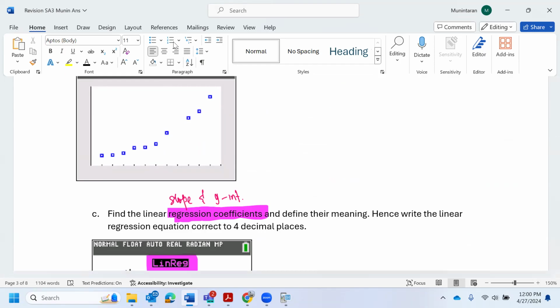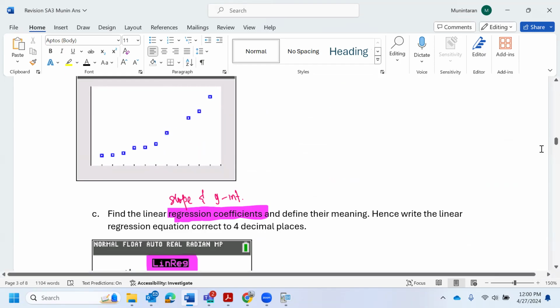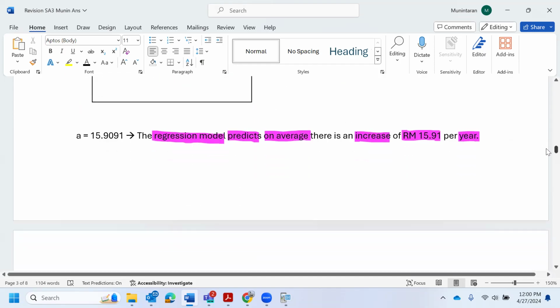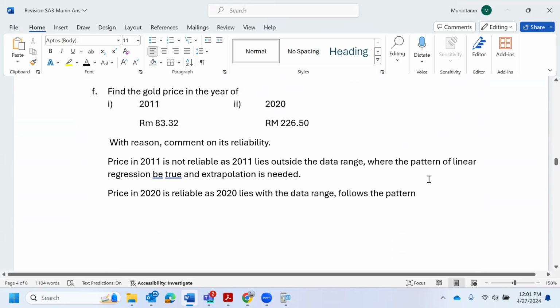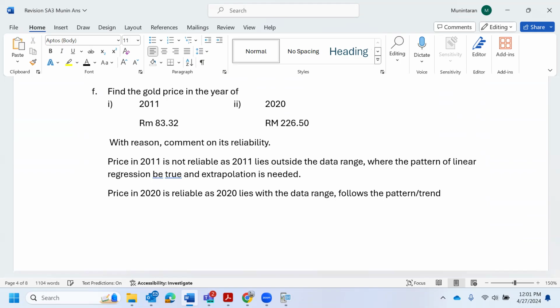There's no suddenly going up and coming down or whatever, although 2020 is supposed to be a COVID year. Okay. Follows the pattern or trend of linear regression. That is your interpolation. Are we okay?